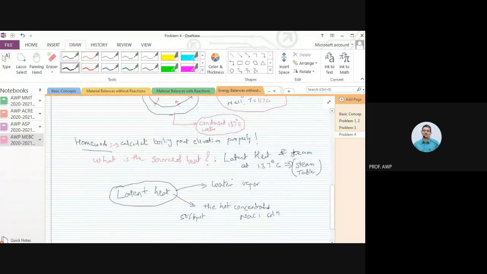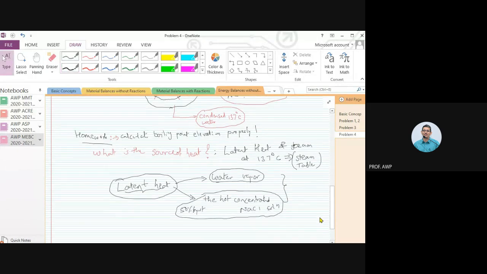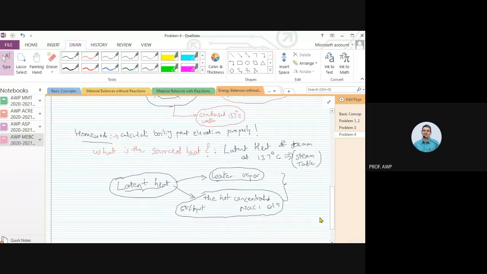Can you tell me how much of it is going as a percentage, or as a fraction, or just the values? How much of this latent heat is going in vaporizing the water, and therefore the water vapor will carry the enthalpy, and how much of it is going along with this hot solution? Can you tell me from your calculations that you have done?